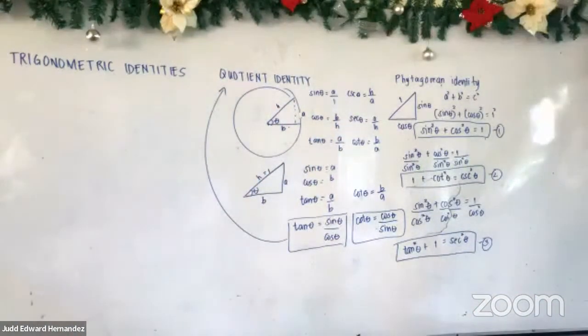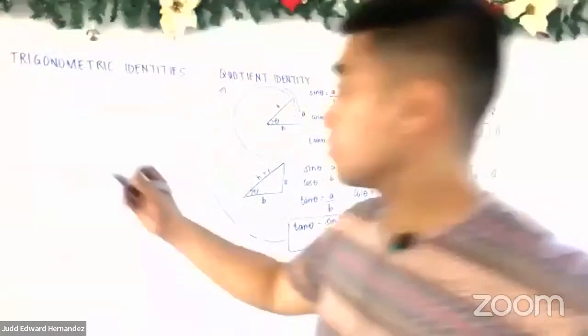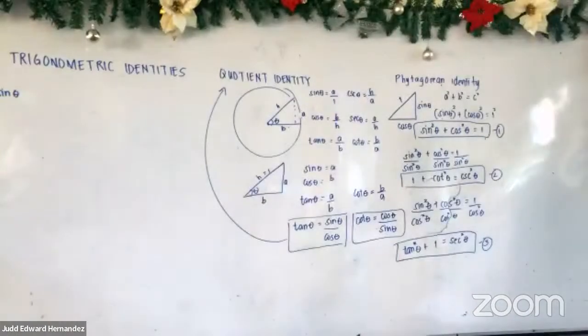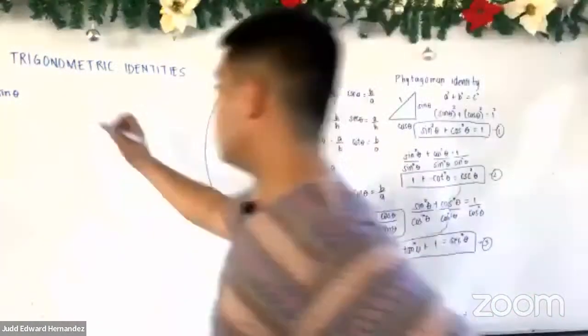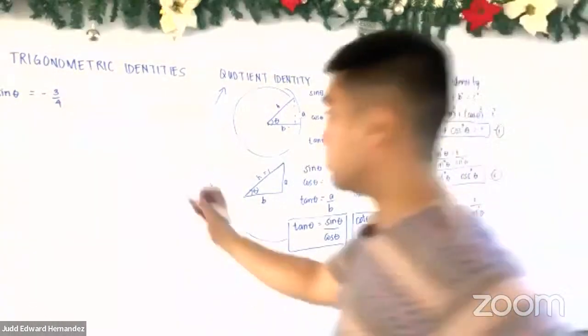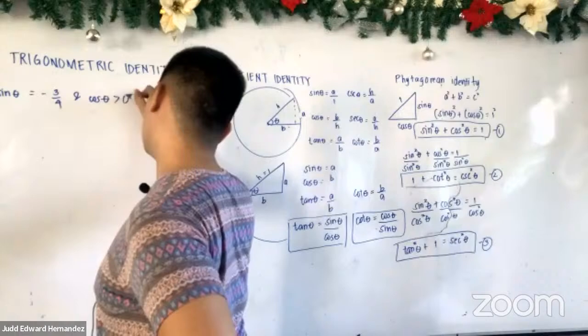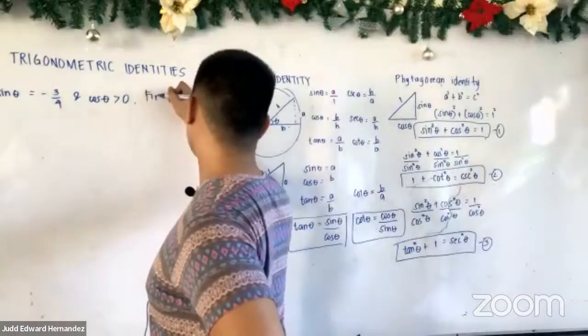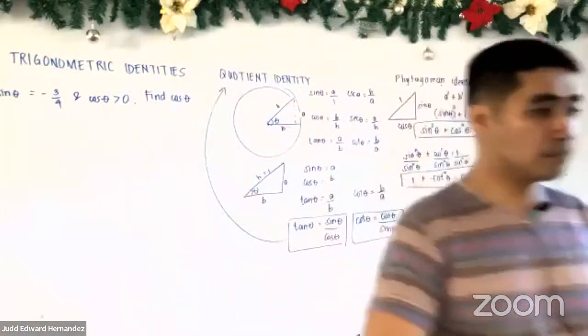If sin theta, asan po yung example ko na sin theta? If sin theta is equal to negative 3/4, and cosine theta is greater than 0, find cosine theta.